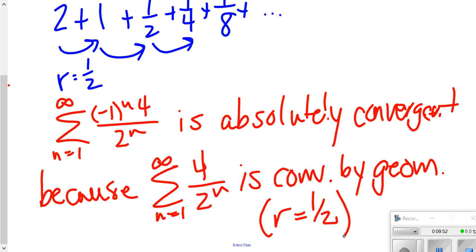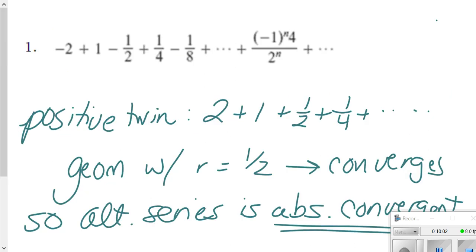Okay, so say something along those lines, right? This alternating series is absolutely convergent because the positive twin converges by geometric series. That's in better handwriting. Meh.